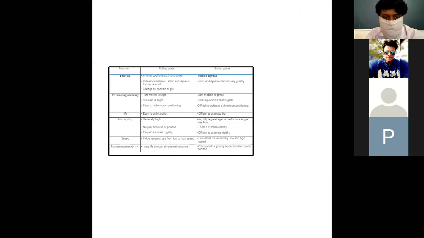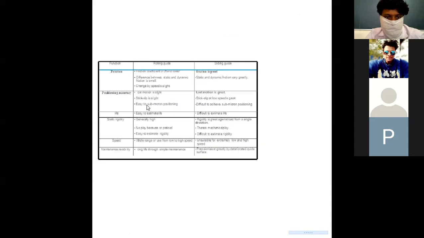Now, we need to see that there are two types of guideways. One is called the rolling type of guideway, and another is called the sliding type of guideway. Now, what we have seen in the earlier diagram was a sliding guideway, right? And another type is called the rolling guideway.